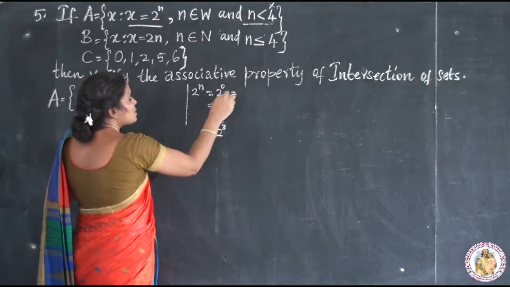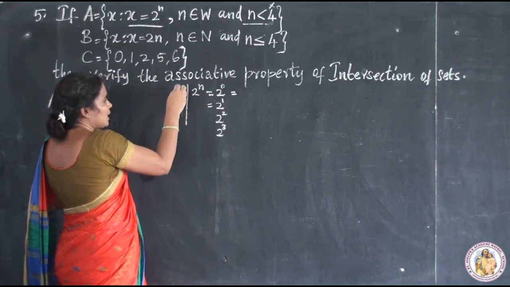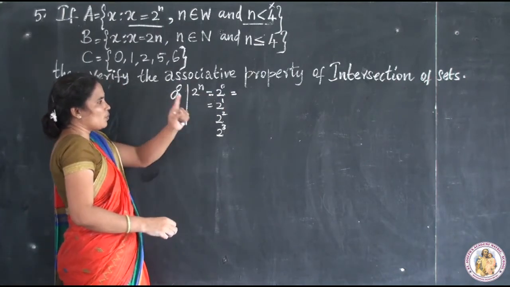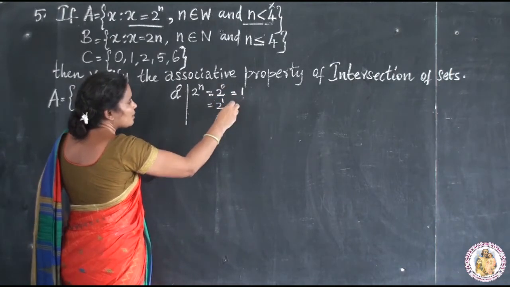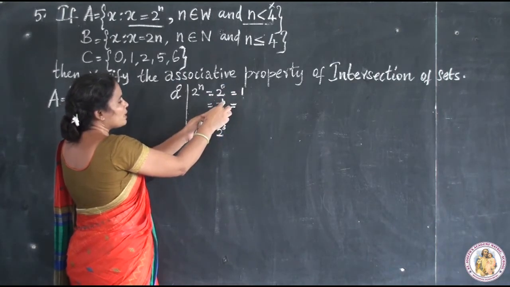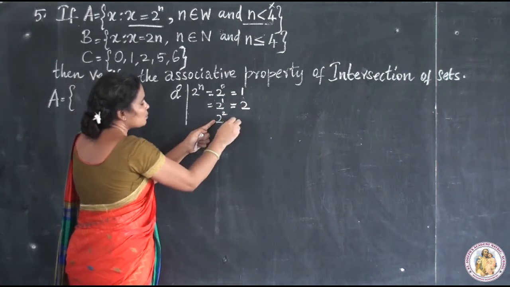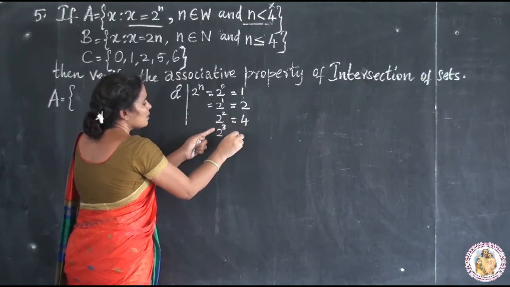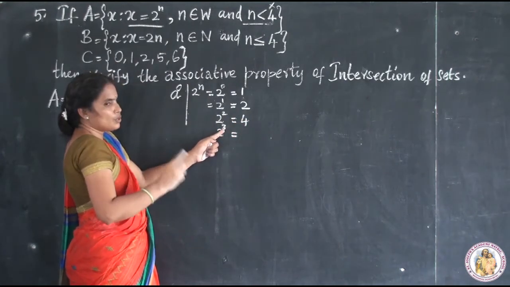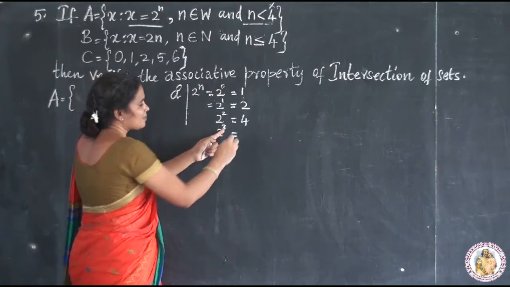Now let us solve this. 2 to the power of 0: any number to the power of 0 is 1. It's a law, isn't it? 2 to the power of 0 is equal to 1. 2 to the power of 1 is 2. 2 to the power of 2 is 2 into 2, it is 4. 2 to the power of 3: 2 into 2 is 4, 4 into 2 is 8.